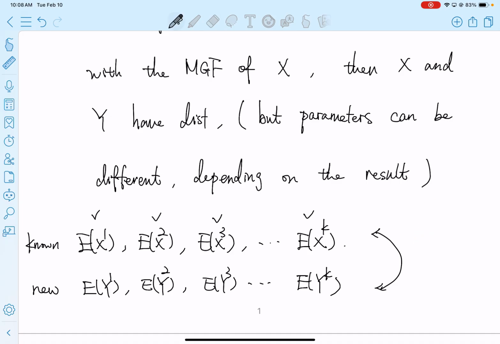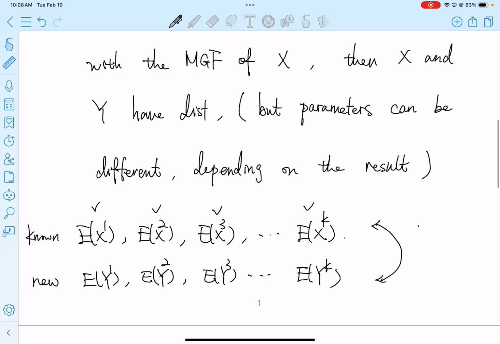That is the idea of using the moment generating function to recognize the distribution.